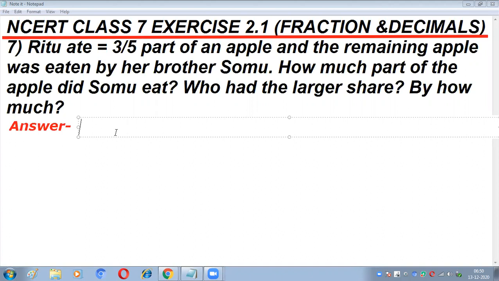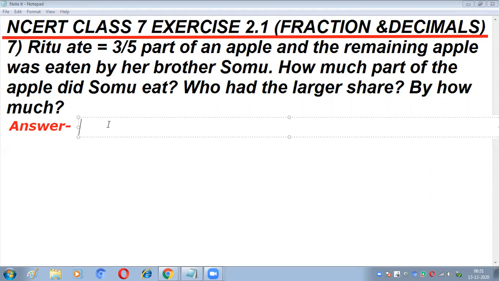How much part of the apple did Somu eat? Who had the larger share? By how much? Here we have to solve at least three questions. So first we will solve how much part of the apple did Somu eat.